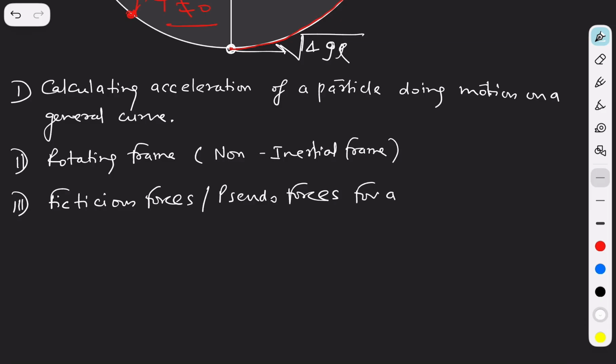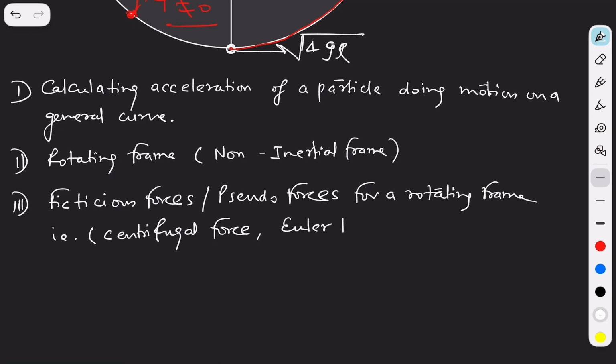There are three types of pseudo forces we are going to encounter in this. That is centrifugal force, Euler force, and guys, Coriolis force. You can see that pronunciation and everything.